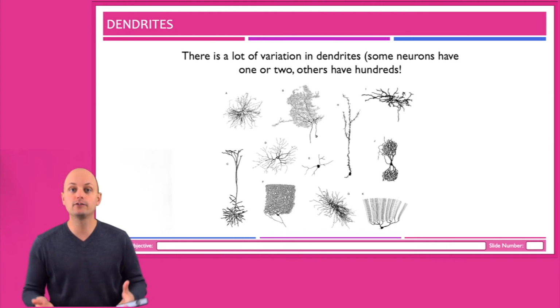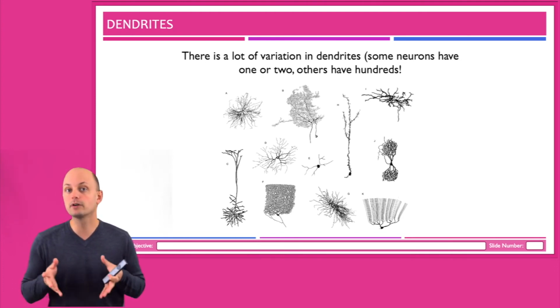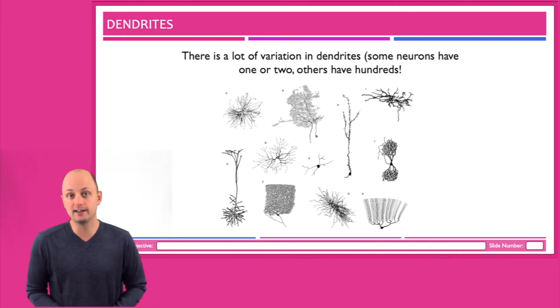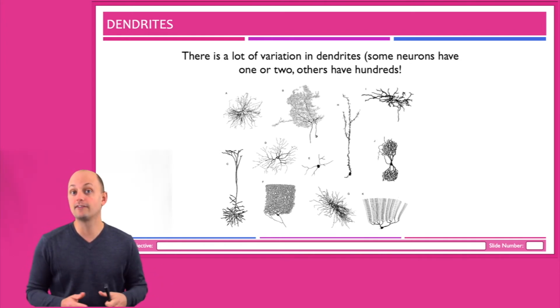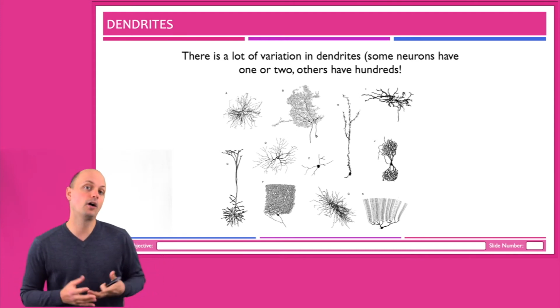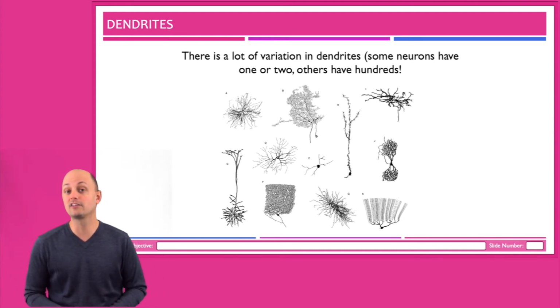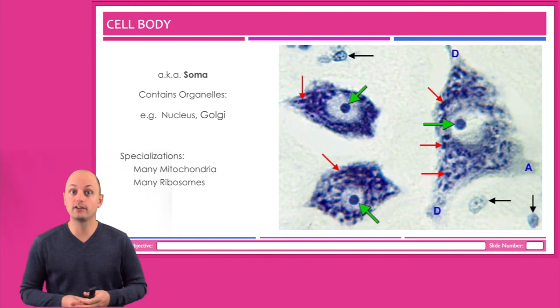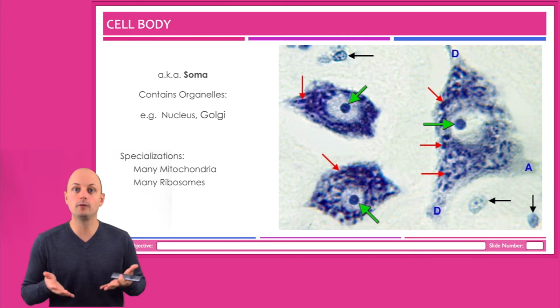There are a lot of neurons inside your body that look pretty different than the cartoonized ones that we'll be seeing in this slide set. Some neurons have hundreds of dendrites, others have one or two, and some of them have no dendrites at all. So dendrites are projections of the cell that come from the cell body of the neuron.